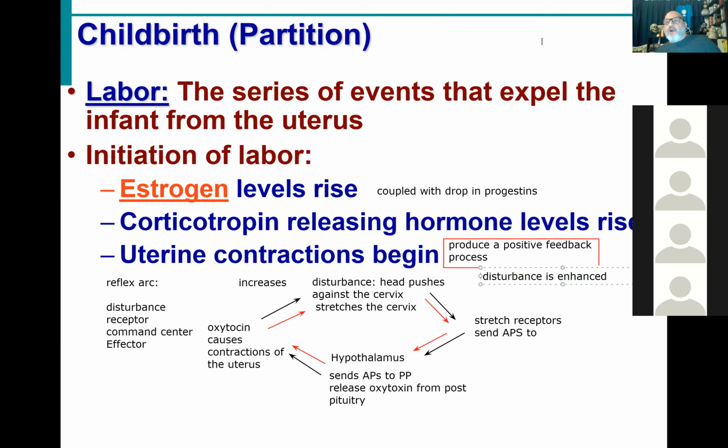Now, remember, our goal is still the same. What is our goal of any feedback process? Maintain homeostasis. We want to bring the body back into balance. Well, how does this process bring the body back into balance?